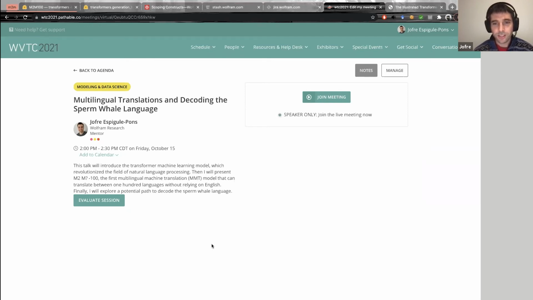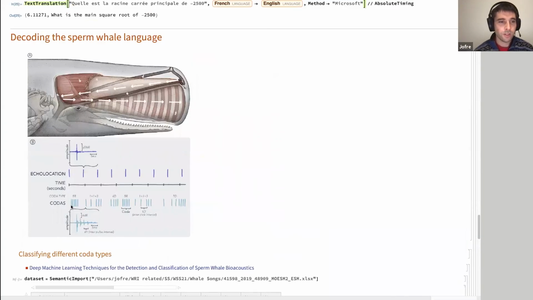In this case, having more data is going to help, but the quality of the data is also important. One complicated thing is that in the recordings, sometimes you have a sequence of different codas, and you don't know which whale is producing each coda.